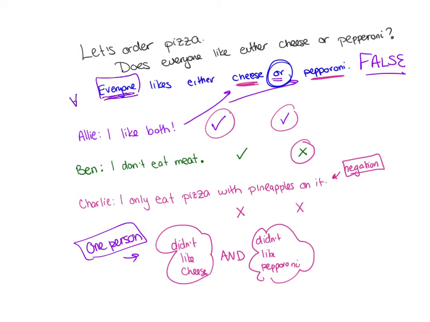So up here I have a for all, and in my negation, I end up with a there exists. So these are the sorts of things that we want to look at in this section. We'll see that an or does become an and when we negate, and a for all does become a there exists when we negate. That kind of makes sense with this example. Let's look at one more of these examples, and then we'll get into the more formal stuff.